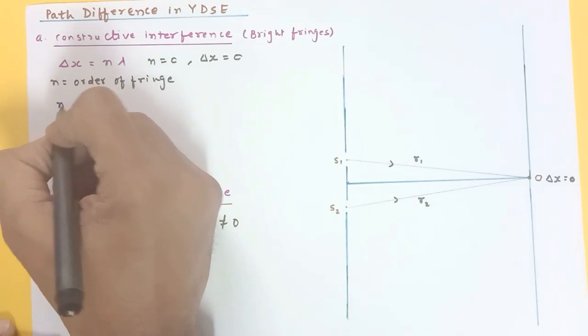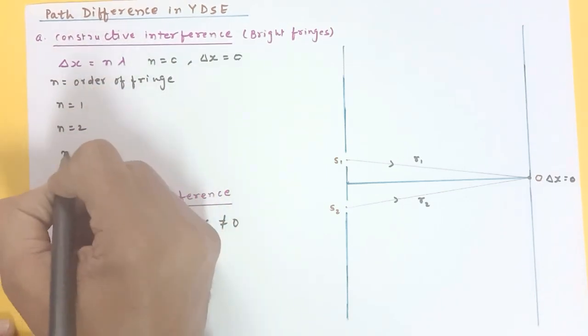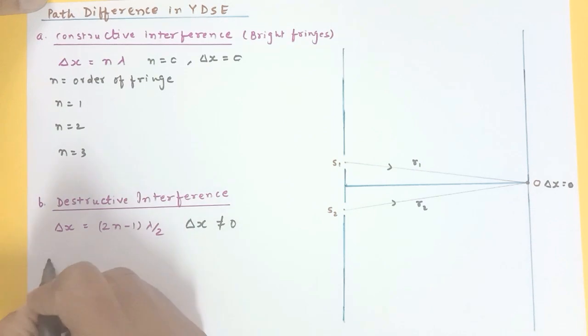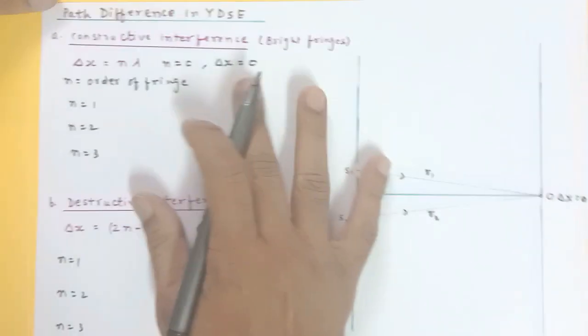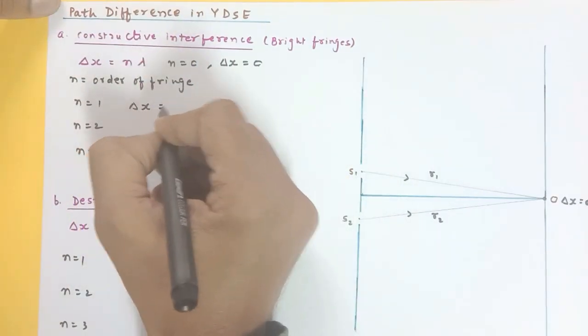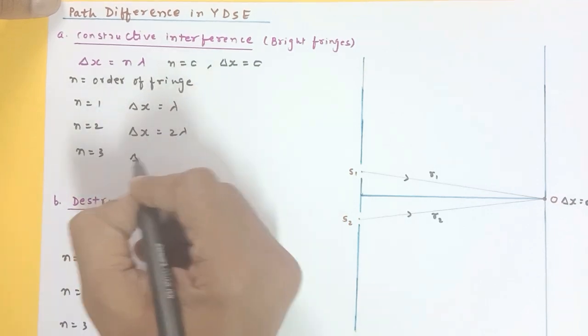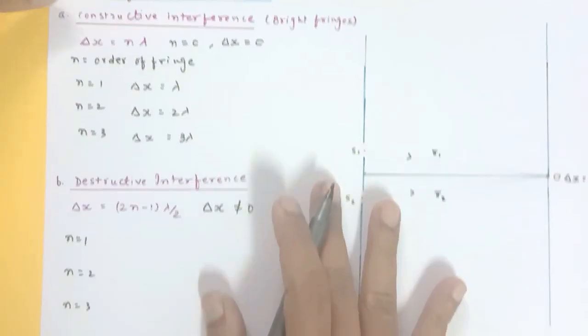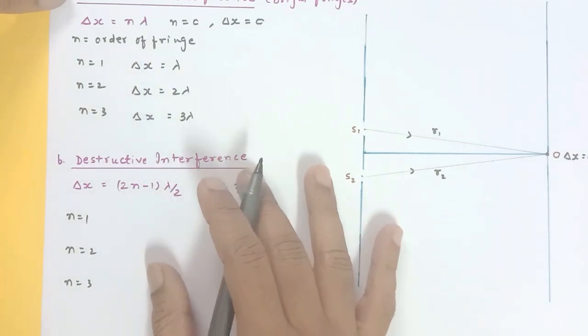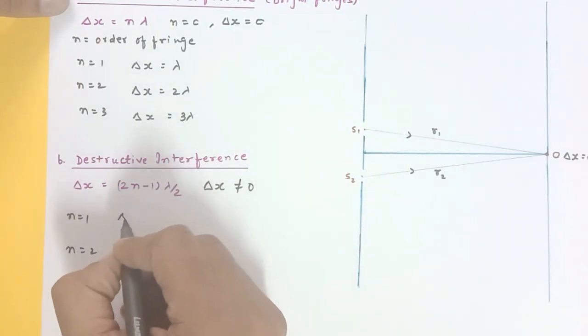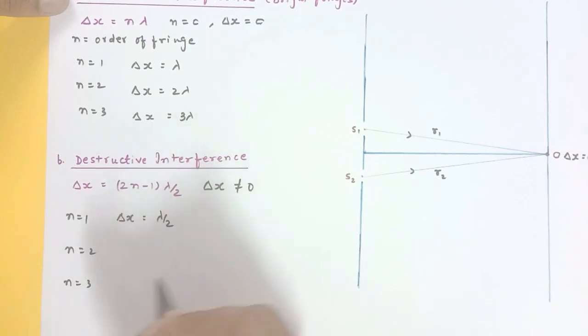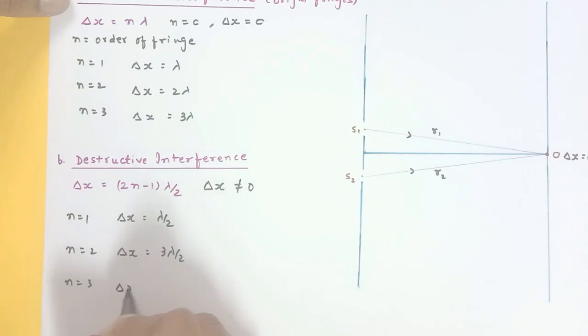So if I put n is equal to 1, then n is equal to 2, n is equal to 3 over here, I'll get path difference delta x as 1 lambda, 2 lambda, 3 lambda. And over here if I put n is equal to 1, I'll get path difference lambda by 2, then 3 lambda by 2, 5 lambda by 2, and so on.